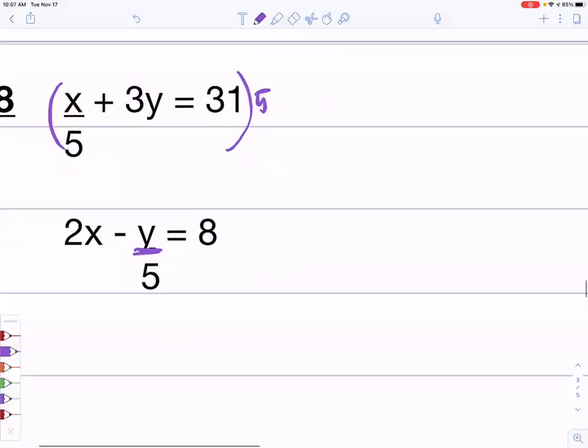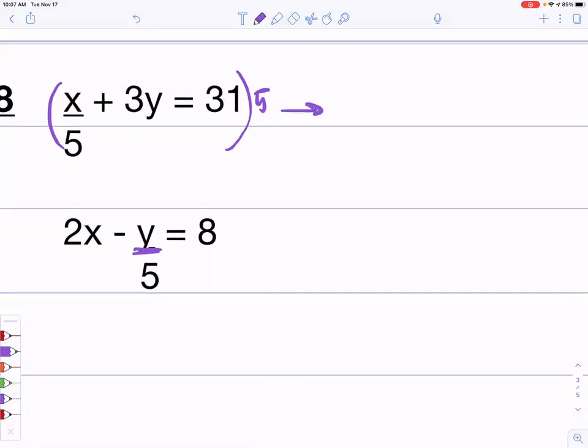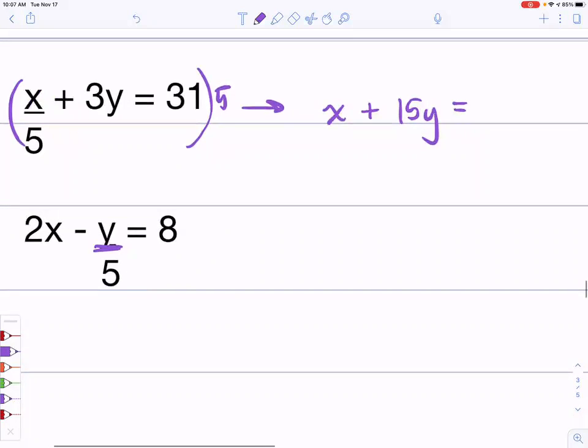So what does your first equation, first term become? And the next term? Equals 155. So the trade-off, at least when I work with fractions, is I get smaller numbers, but if I get rid of fractions, I'm usually going to have larger numbers.